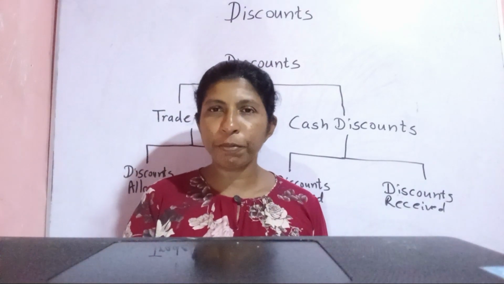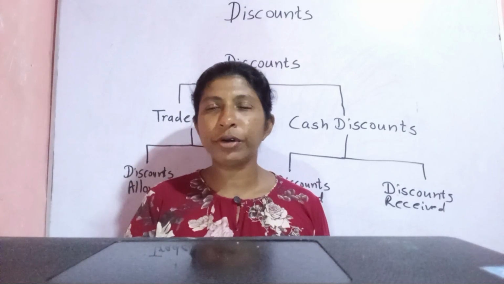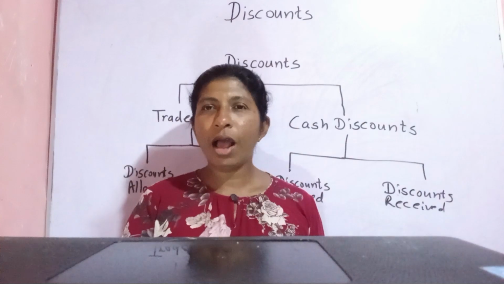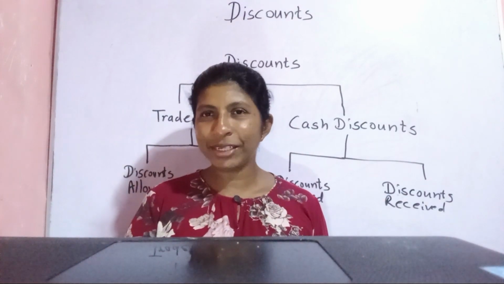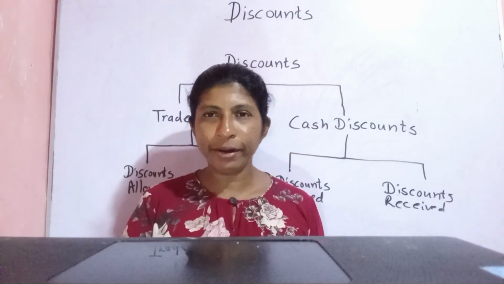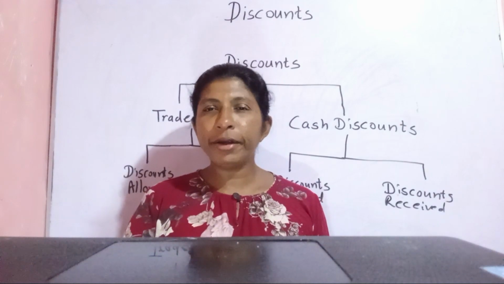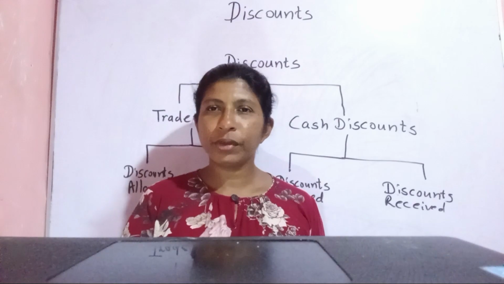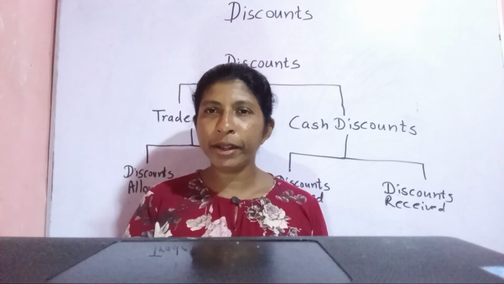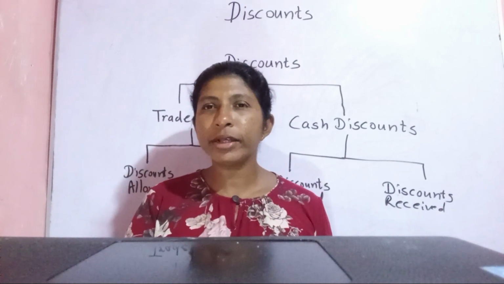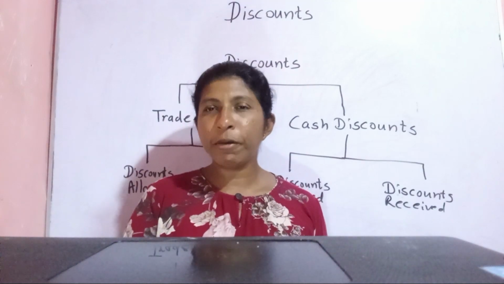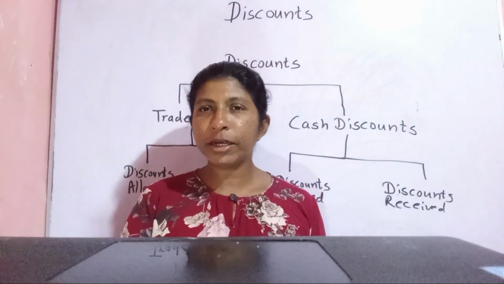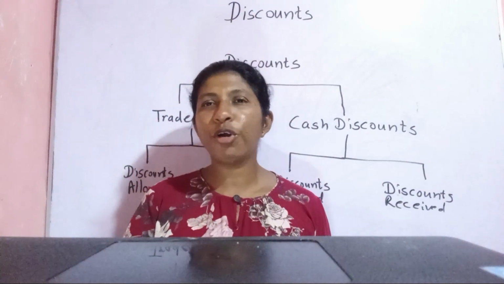Increase of income means it is a credit to discounts received account and we have to debit our creditors account. As we have paid money to our creditors, the liability is decreasing. Decrease of a liability, therefore trade creditors account debit and we have to credit the discount to the discount received account.